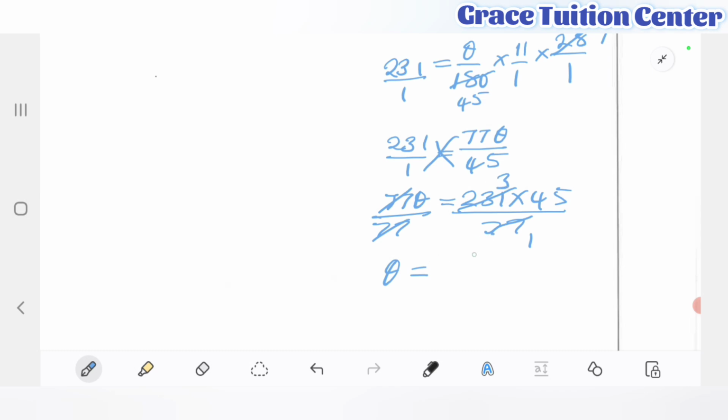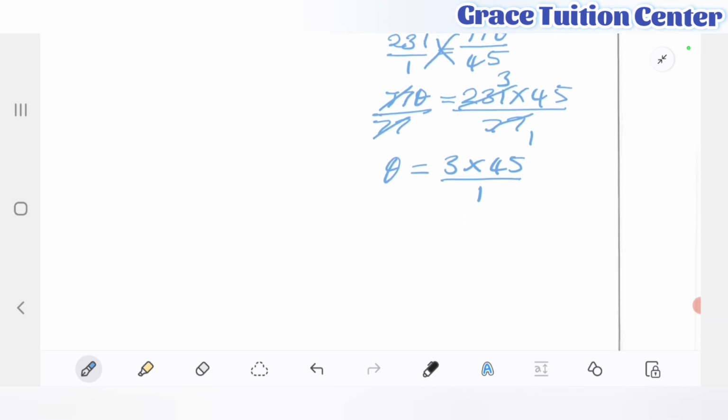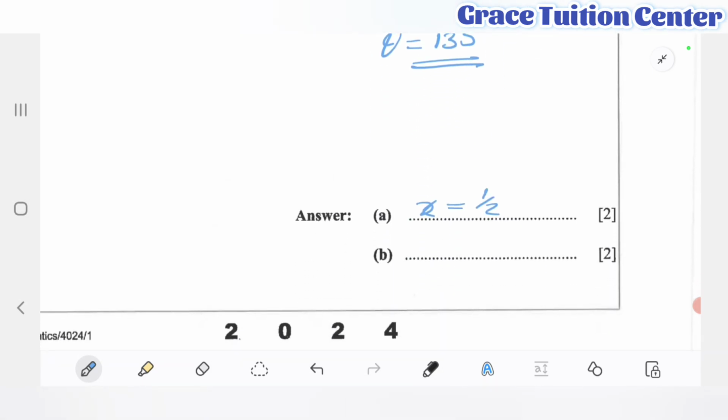So meaning that what we have now is, on top we have 3 times 45 over 1. Anything divided by 1 is that thing itself. So our value of theta is actually 3 times 45. 45 plus 45 plus 45, that is 135 degrees.